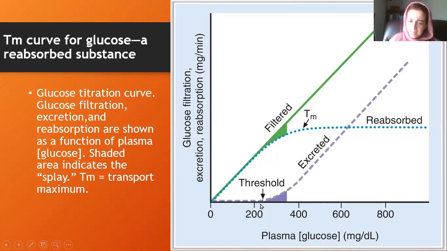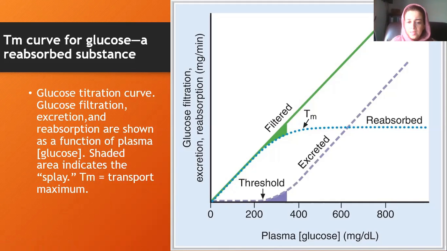So at less than 200 milligram per deciliter, which would be any of yours, be it random blood sugar or post-meal plasma glucose levels, you can see that this dashed curve is along the zero line, which means that none is excreted up till about 200 milligram per deciliter of plasma sugar level.